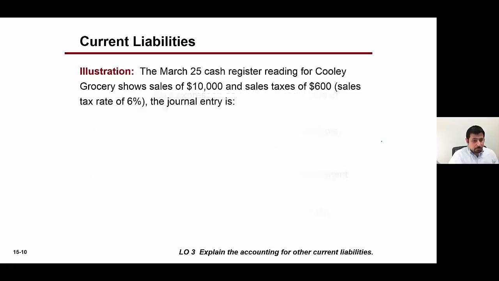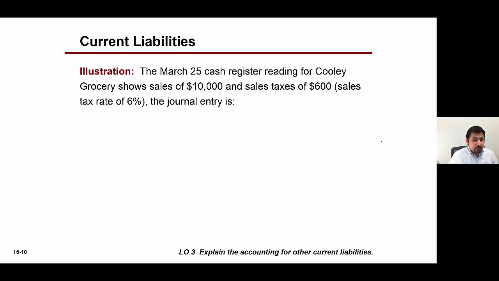So to see how this works, the March 25th cash register reading for Cooley Grocery shows sales of 10,000 and sales taxes of 600. Here, as we can see, the tax rate is 6%. The journal entry the company will have to make is to record the event that happened.